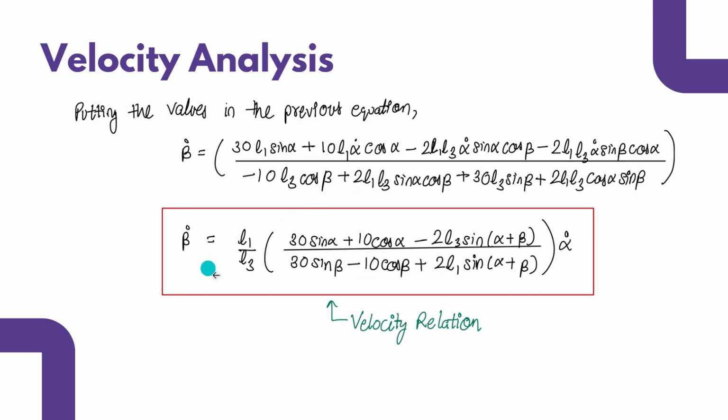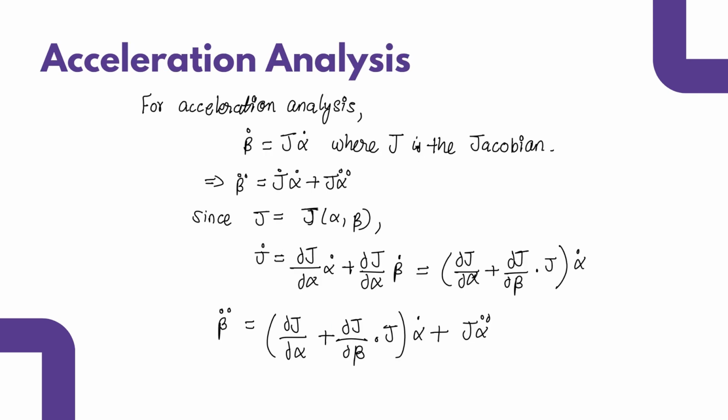After differentiating it with respect to time, we got a relation of beta dot equal to L1 by L3 multiplied by 30 sin alpha plus 10 cos alpha minus 2L3 sin alpha plus beta, divided by 30 sin beta minus 10 cos beta plus 2L1 sin alpha plus beta, multiplied by alpha dot. This is the velocity relation.